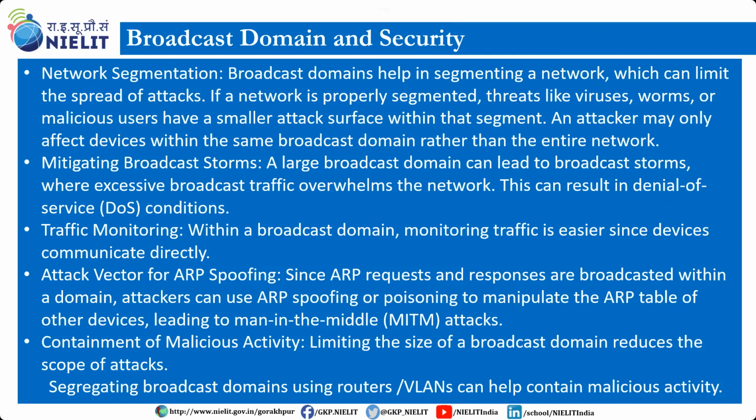Segregating broadcast domains using a router or VLAN. A VLAN can also help in creating different broadcast domains. So by using a VLAN or router, you can create multiple separate broadcast domains. And if malware infects one VLAN, there is a maximum chance that it is not going to infect another VLAN, but it depends on the scenario.